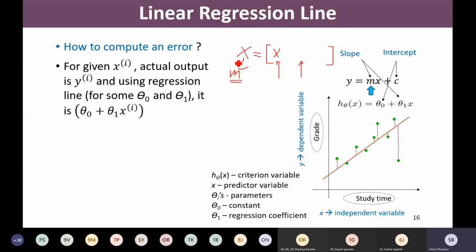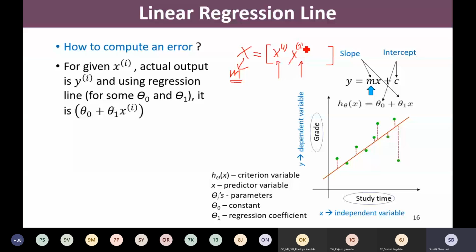And this X denotes my data set. So X is having various data points. So an individual data point is denoted as X superscript i. So X1 is my first data sample, X superscript 2.